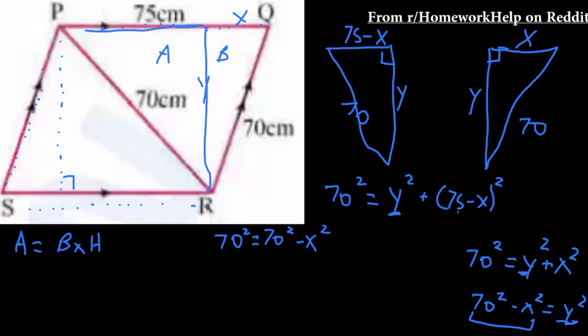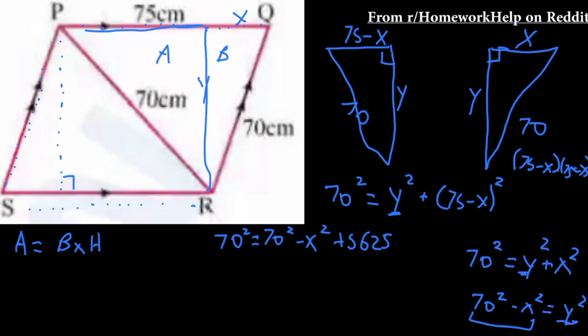Here, you'll have to expand. If you have (75 minus x) squared, this means you're going to do something that looks like this: (75 minus x)(75 minus x). Here 75 times 75 is 5,625.